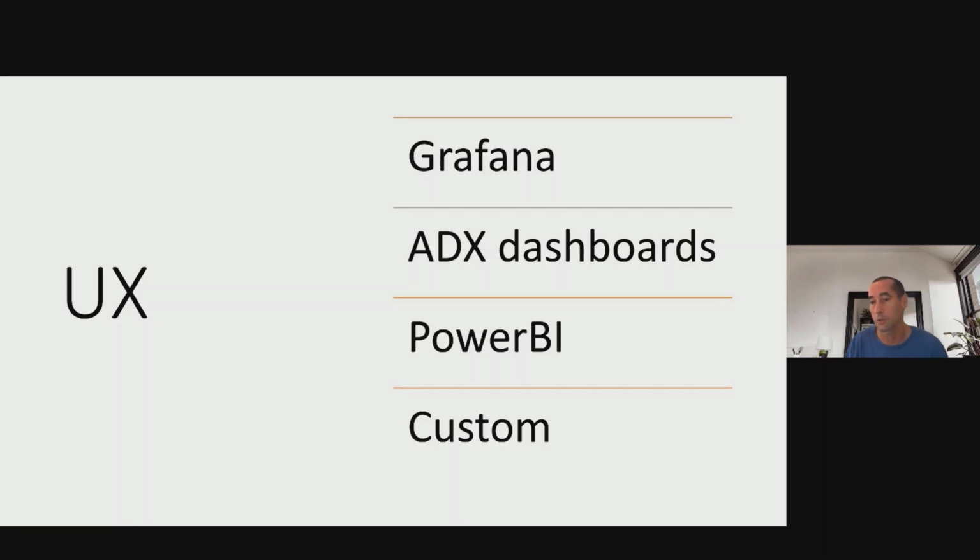Power BI has its own caching, so you can use the import mode. What it will do is take the whole relevant data set and cache it on the Power BI side, and that will give the users great performance. And then you can build your own UX and obviously use all these features and enjoy them.